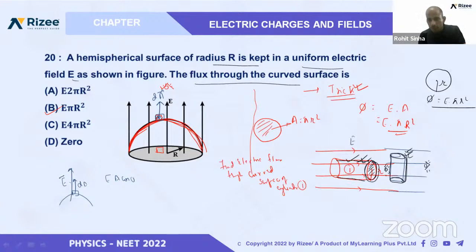If you take the area here, it will be perpendicular to the electric field, and for the curved surface you will get flux equal to 0, because the area will be perpendicular to the electric field. But for this face it will not be 0, because the area will be parallel to the electric field. So there will be some value which we have calculated here.